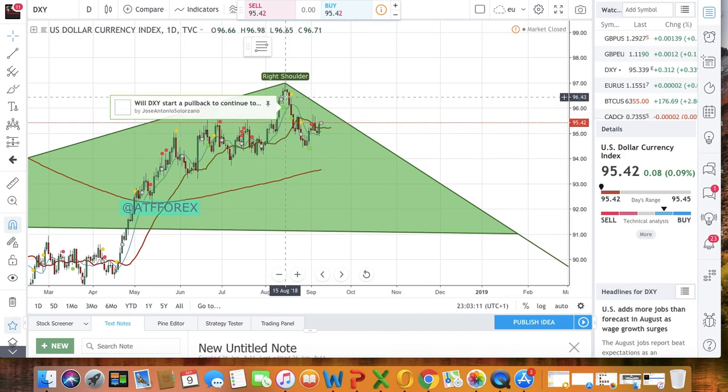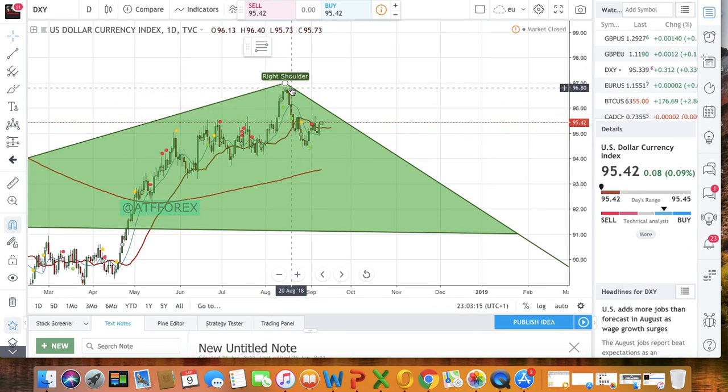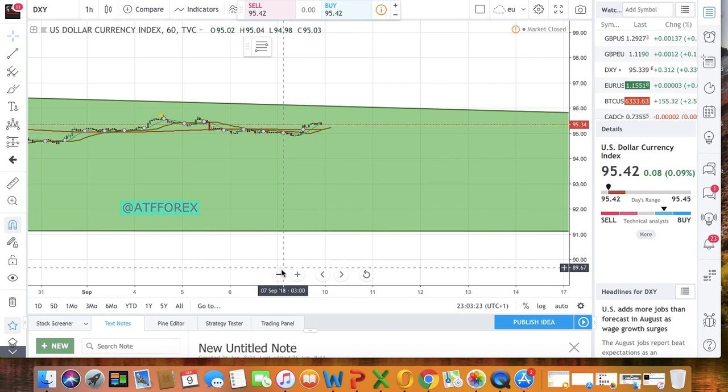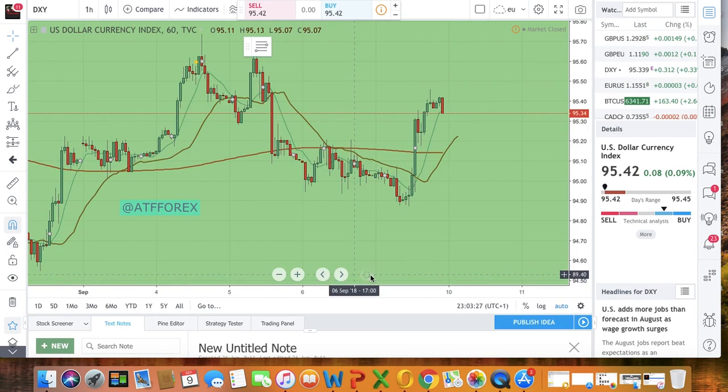You can see here we called the short from this bearish pin bar move right there. We got a short on the daily, but we've actually retraced quite frustratingly on the hourly time frame.